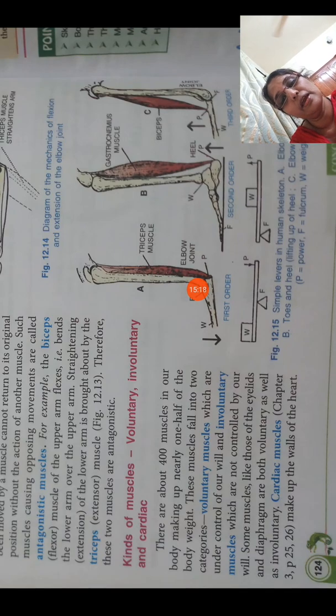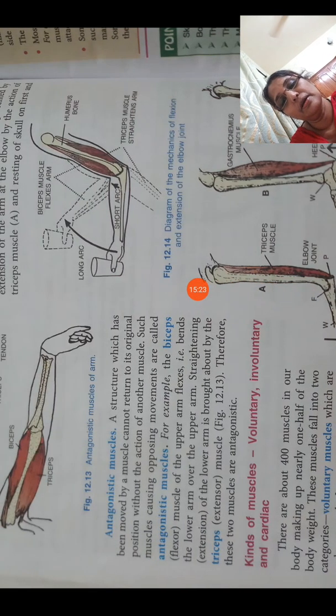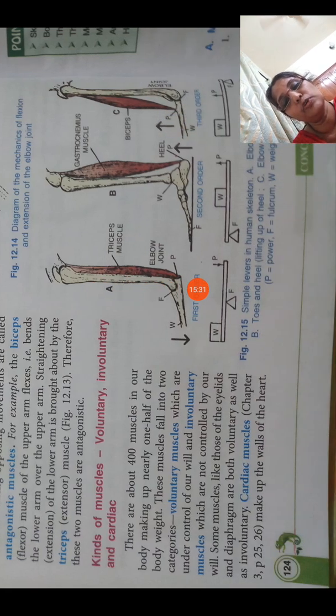You can see in the first, the elbow region, where the fulcrum is coming in between in the first order lever. In the second order, the toes and heel, lifting up of the heel, our leg is acting like a second order lever.